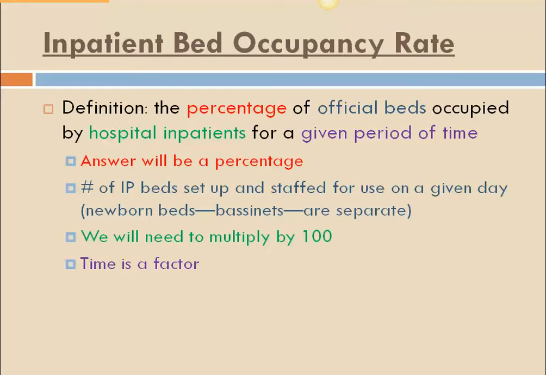And the last thing it says is for a given period of time. So that just tells us that time is going to be a factor, and something we're going to need to pay attention to when we're calculating this rate. So just to repeat, the percentage of official beds occupied by hospital inpatients for a given period of time.